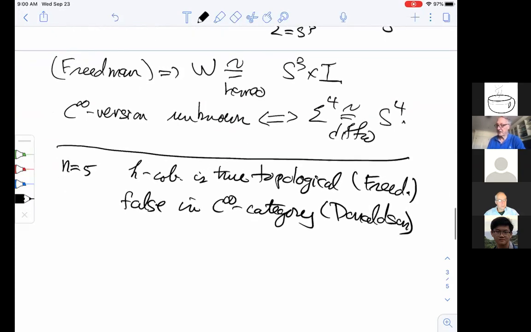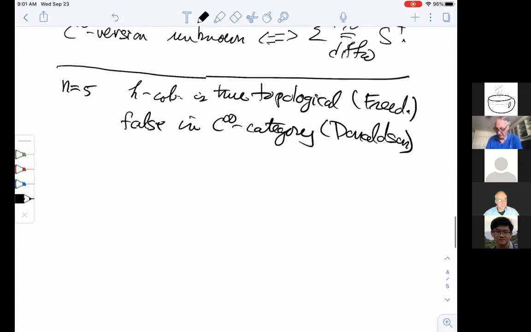Using gauge theory invariants, he found a plethora of examples of homotopy equivalent four-manifolds that are in fact H-cobordant but not diffeomorphic. They're algebraic surfaces. And in fact, one can show that there are algebraic surfaces for which there are infinitely many different algebraic surfaces, any pair of which is H-cobordant, and none of them is diffeomorphic. So the smooth H-cobordism theorem fails drastically in dimension 5.